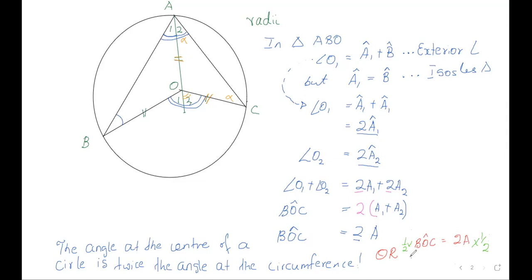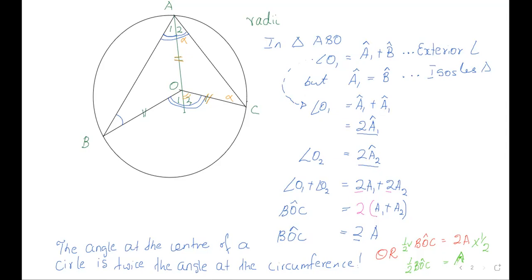So, which says half the angle at the center is equal to the angle at the circumference. Half the angle at the center is equal to the angle at the circumference.